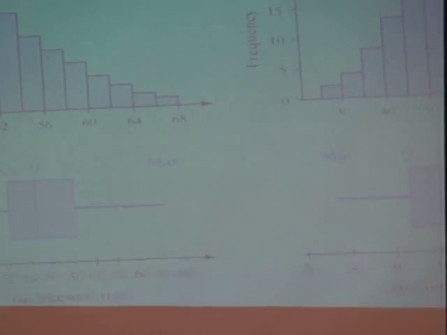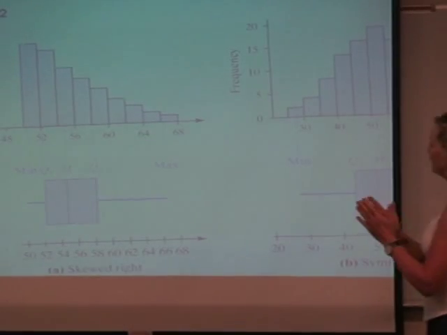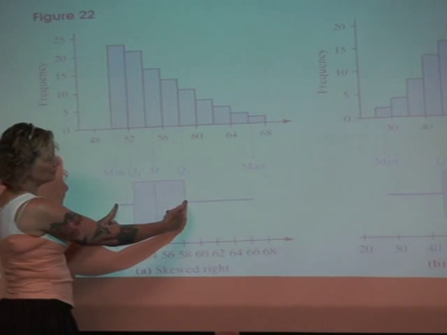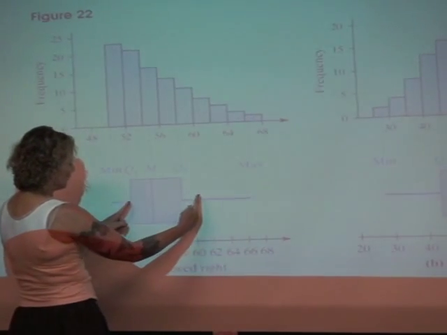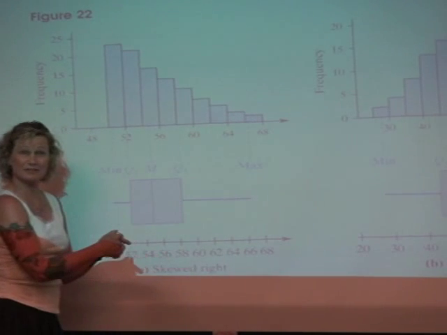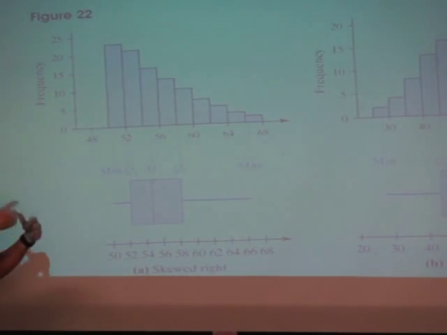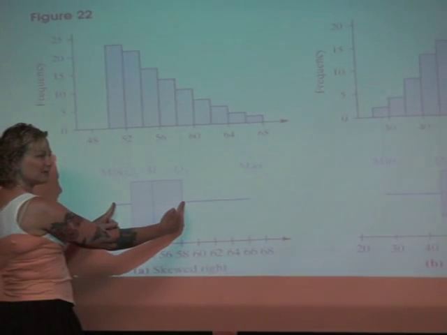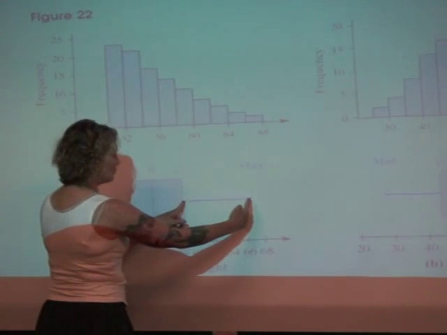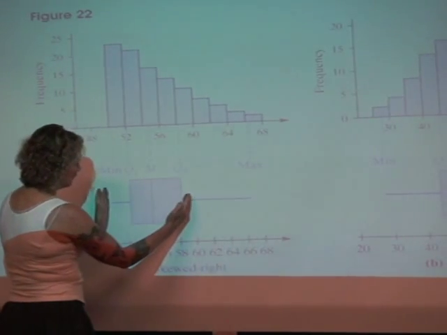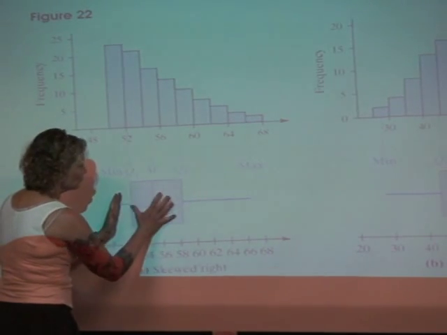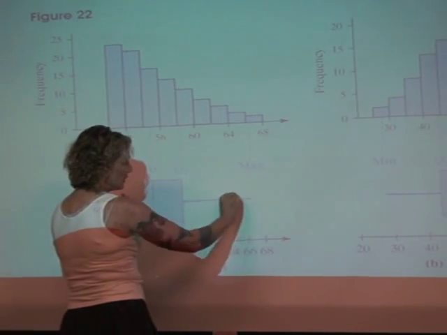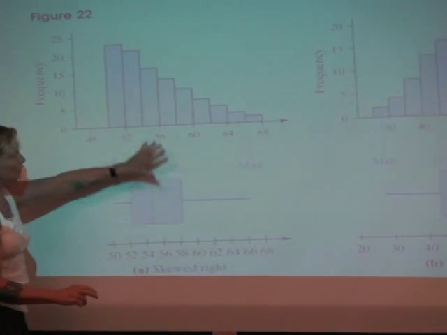But you can see that from min to Q3, you've got 75% of your data within this range, and only 25% in about the same range. Does that make sense? The distance from Q1 to Q3 is about the same distance as from Q3 out to the max. So again, you've got 75% of the data in this range, which is going to make it pile up on this side, right? And then it's going to taper off to the right, which is going to give you a right skew. Okay?